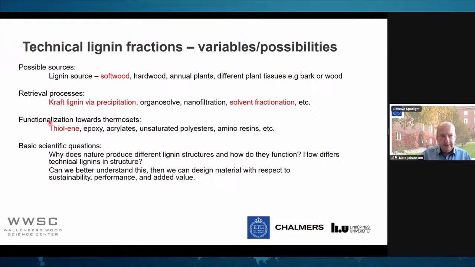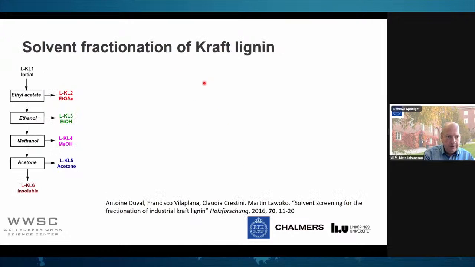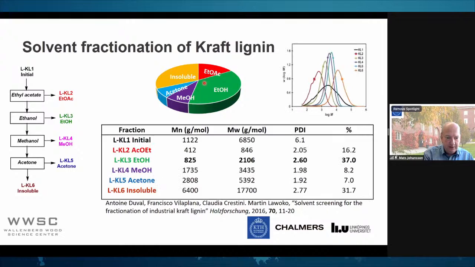So the question here is, can we use the same principle as for this monolignol to apply this to lignin fractions? And as you see here, you already have a lot of other possibilities that I will not talk about today.